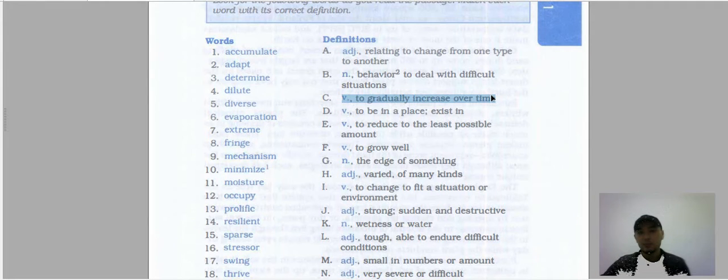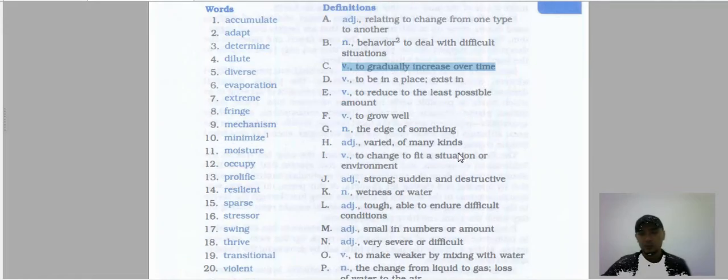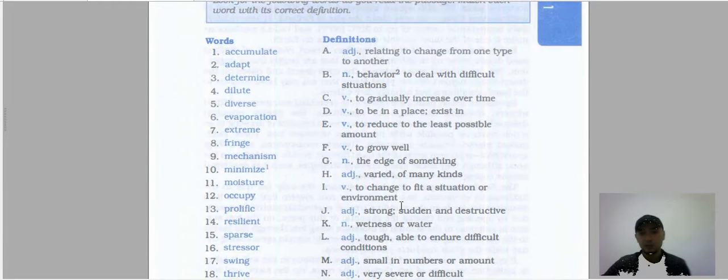And adapt, that means you change the position or the behavior or the attitude of your mind to fit the situation or environment. It's called adapt. And determine is very easy. It is decide, make a decision, okay? You can easily match this one as you look up these words. Decide here is given as the definition.